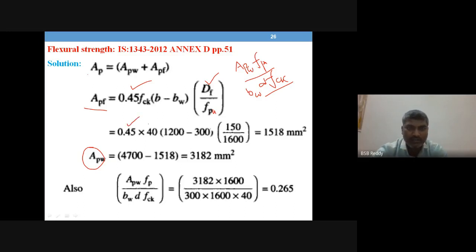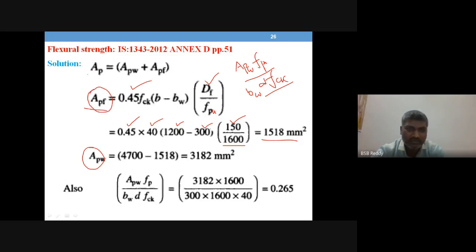So 0.45 FCK is 40, B is 1200, BW is 300, width of the web, depth of the flange 150, divided by 1600 is the characteristic tensile strength of steel. So that is giving you 1518 mm square as area of steel for flange.